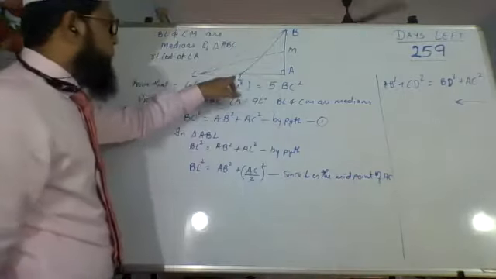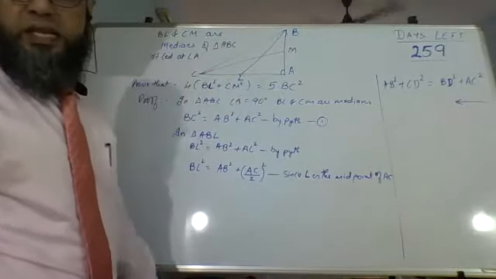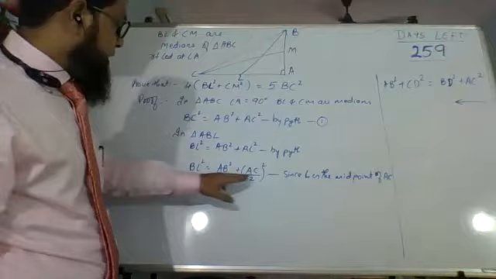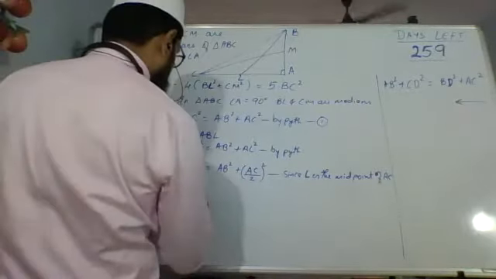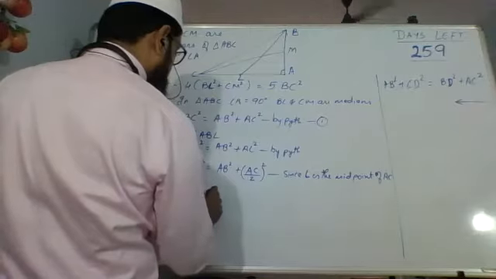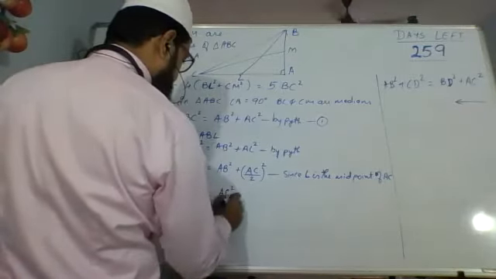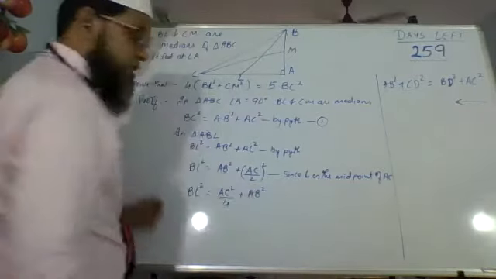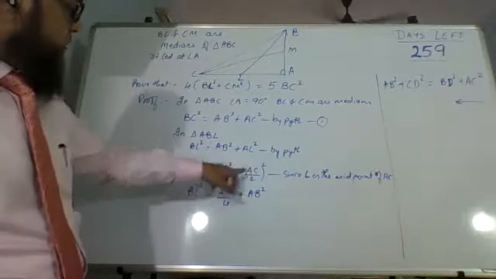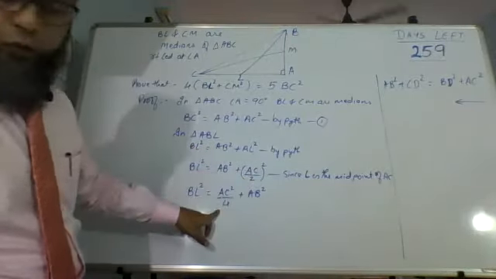Expand this, so I'll get BL square equals AC square upon 4 plus AB square, because when I expand this, AC becomes AC square and 2 becomes 4.